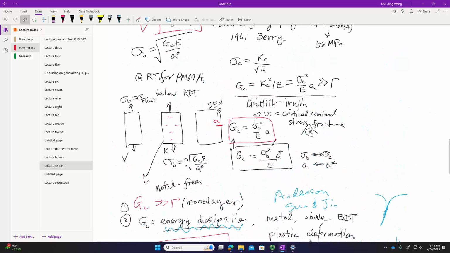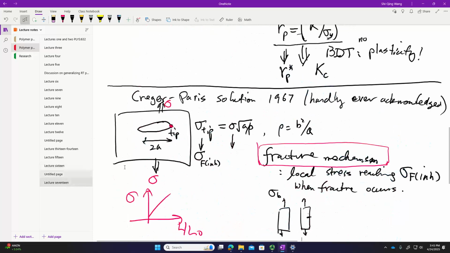Everywhere, sigma C. The only place it becomes sigma B is when we are trying to predict, using this framework, the nominal strength involving the flaw size. Clear, right? So basically when you have an intangible cause, it's sigma C. We call it the critical stress.